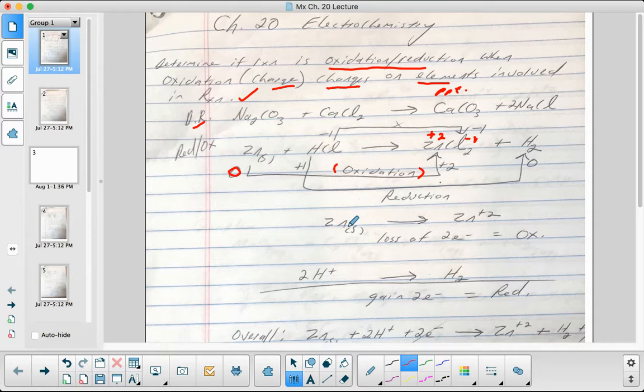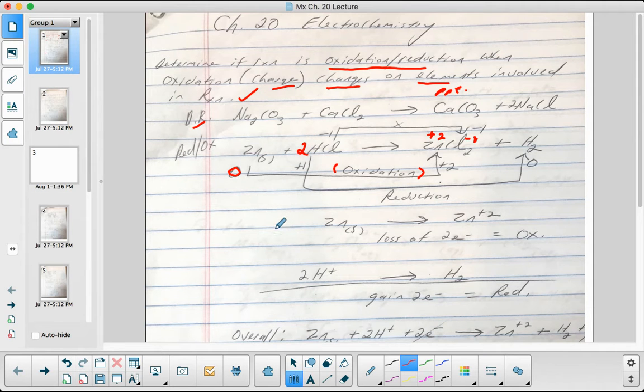So what has happened? The zinc solid, when it proceeds to the products, loses 2 electrons. That's how the neutral solid becomes charged. Contrary to that, the hydrogen ions associated with the chlorine form the hydrogen molecule, and I would show 2 of those, because if I were to balance this traditionally, I would have that.